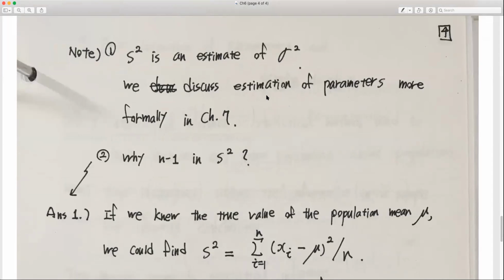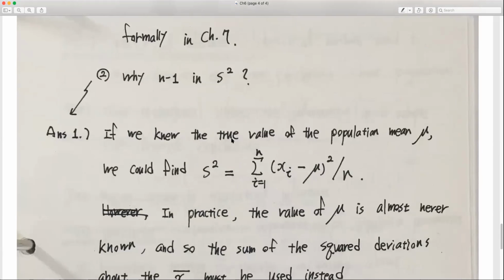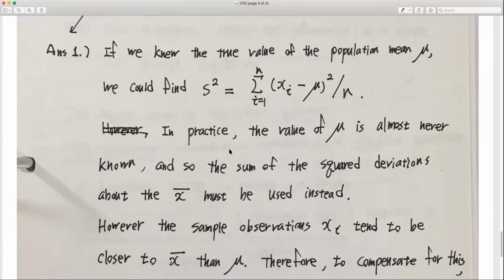Here, estimation is nothing but approximation in math. In chapter 7 we'll study deeply how to approximate population parameters. And then why n minus 1 in s squared? You can pretty much read that answer.